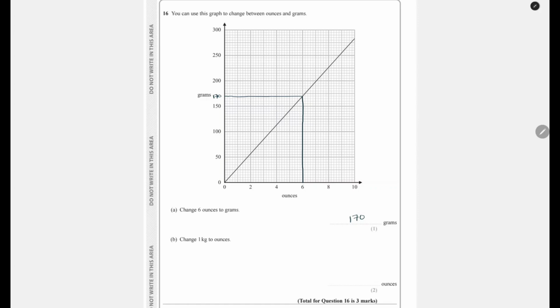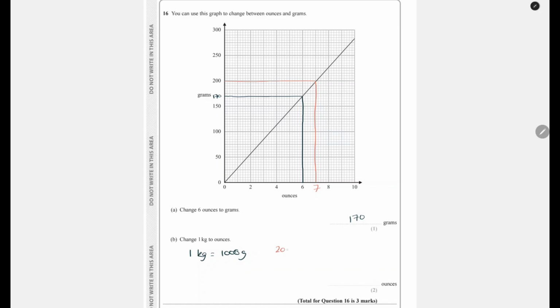Part B says change 1 kilogram to ounces. So we know that 1 kilogram is 1,000 grams. Now, our graph doesn't go up to 1,000, but what we can do is pick a number that is divisible by 1,000 and then multiply. So for example, we can see from the graph that 200 grams is 7 ounces.